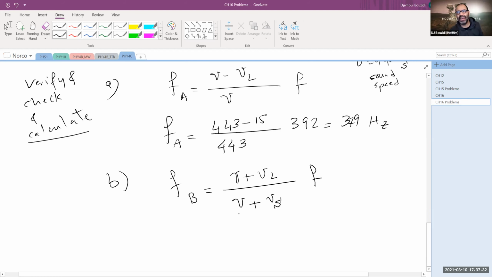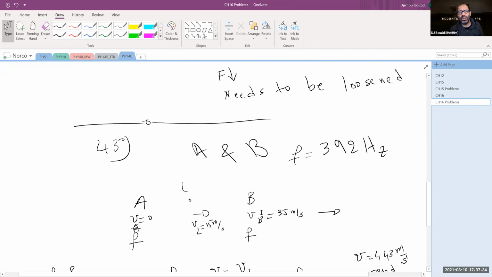But ultimately, as you can clearly see, the source is moving away from the listener faster than the listener is approaching it. So in a sense, there is a net separation between them. There is a net distance that is increasing over time. So the frequency actually should be lower. It's clear for the first case between train A and the listener that the distance is increasing, so the frequency went down from 392 down to 379.